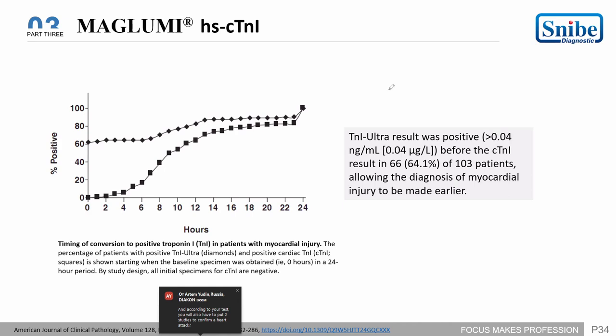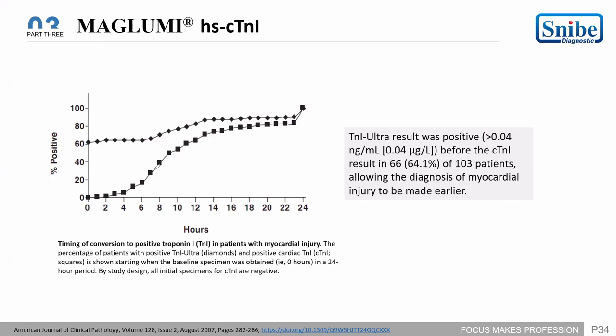Okay. So the baseline sample was obtained at the 0 hour, and then at 24 hours interval from 0 hour to 24 hours of patients with myocardial injury, you can see that the ultra result was a positive troponin I ultra sensitive.